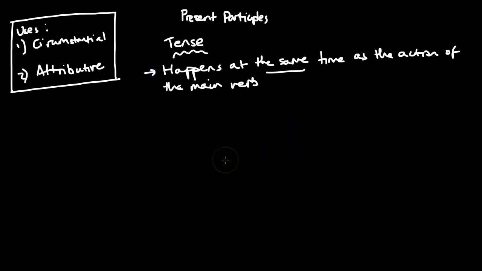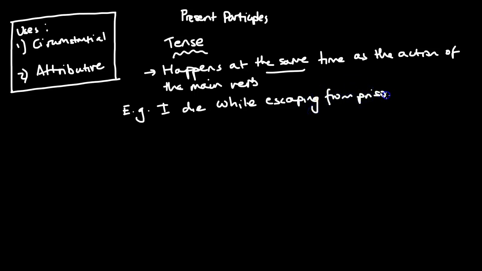So let's say I have the sentence, I die while escaping from prison. Here, your main verb is I die.